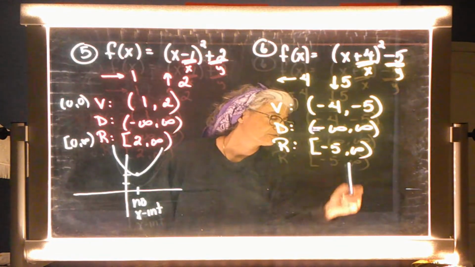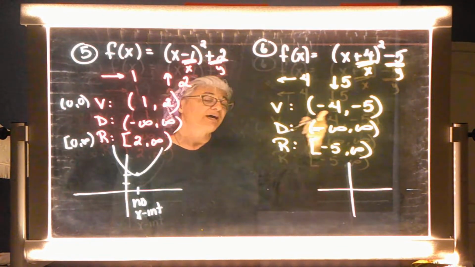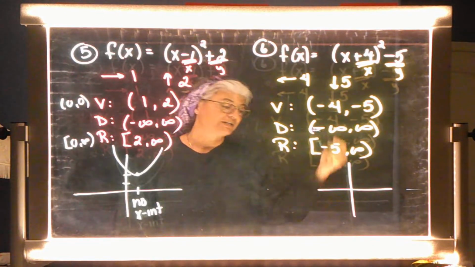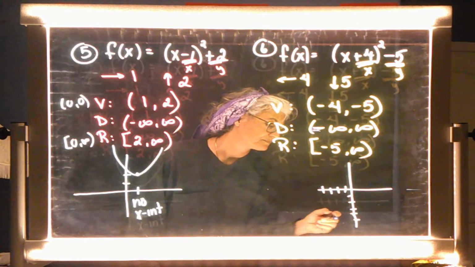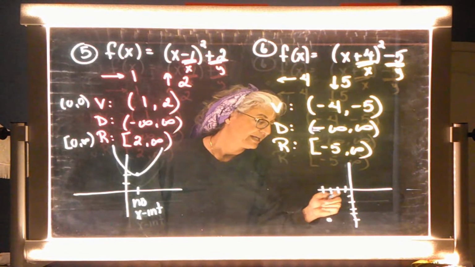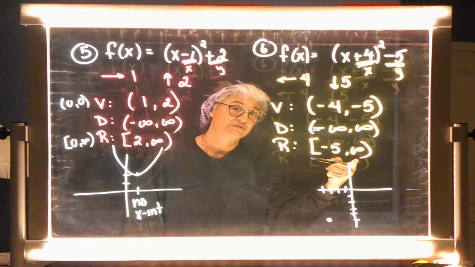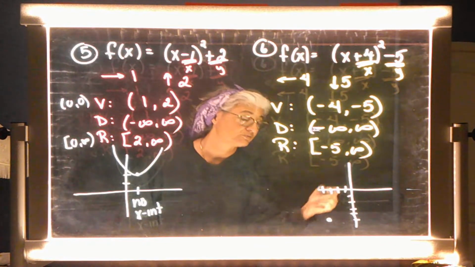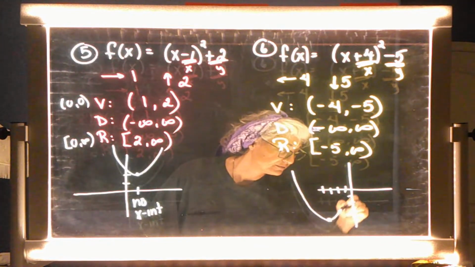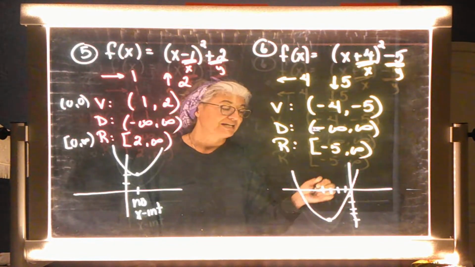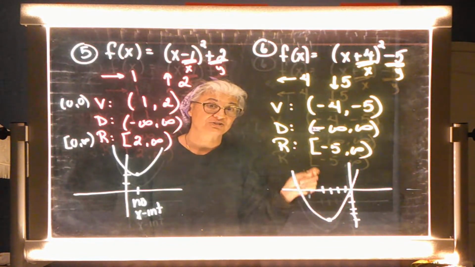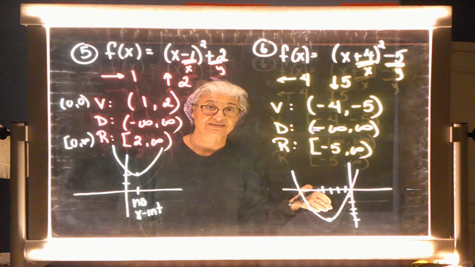Now, let's look over here on number 6. You have a vertex at -4, -5, don't you? Right here. And it's going from -5 to infinity, isn't it, on your range? So, in this particular case, does your graph touch or even cross the x-axis?